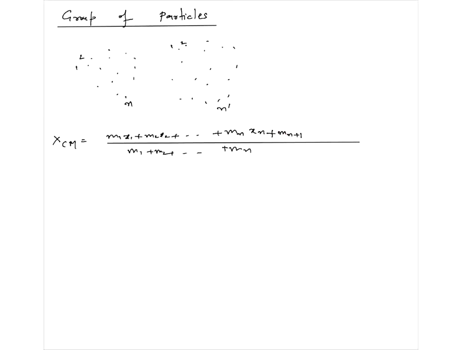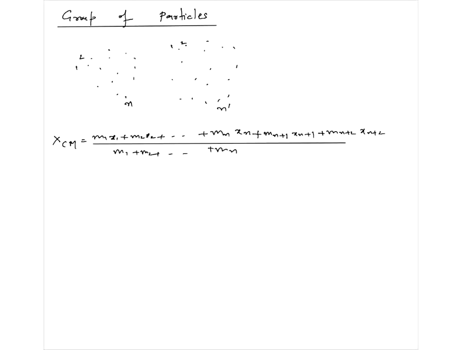So this one is actually n plus 1, n plus 2: m n plus 1, x n plus 1, m n plus 2, x n plus 2, and this will go on till m n dash, x n dash.